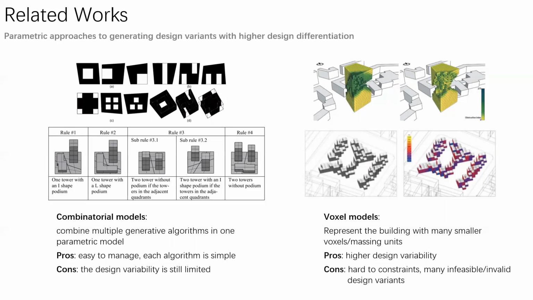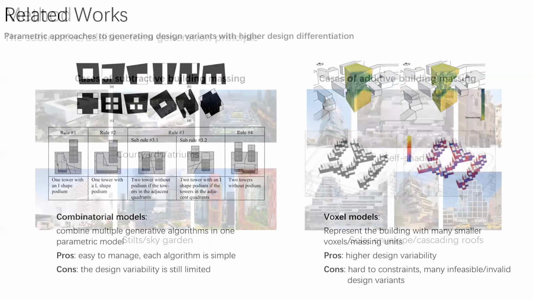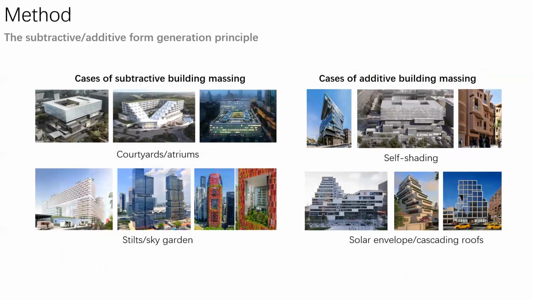So it will bring some difficulty for the performance-based design optimization process to identify feasible and high-performing solutions. So in this research, we propose another way to carry out the parametric modeling to overcome the weaknesses mentioned above.